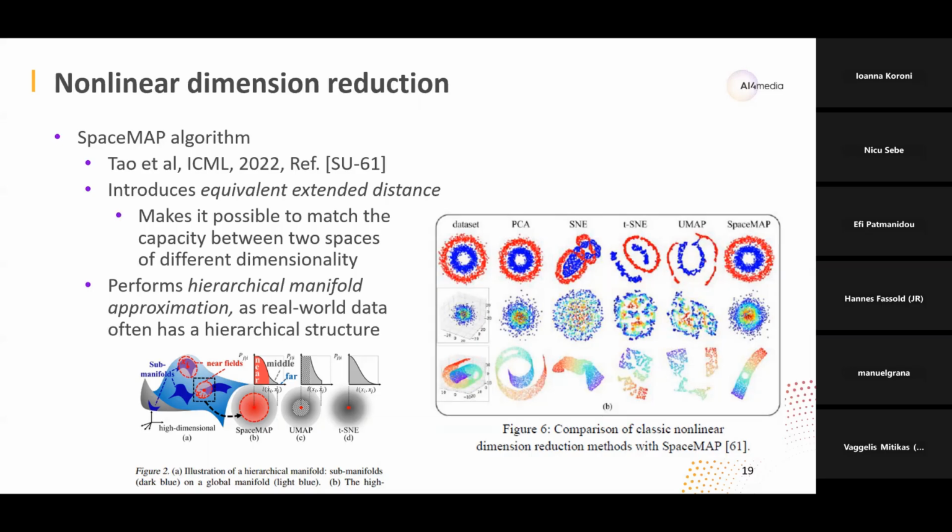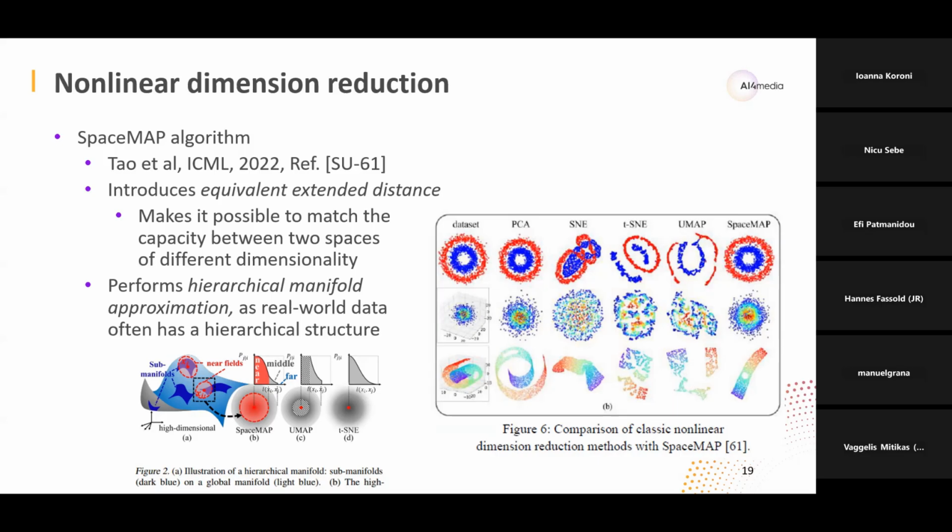Yeah, so in nonlinear dimension reduction, of course, I suppose every one of you has already used something like t-SNE or PCA. And they are proposing a nice algorithm for this task, which is called SpaceMap. They introduce two really interesting components.